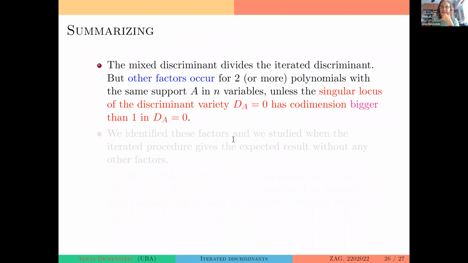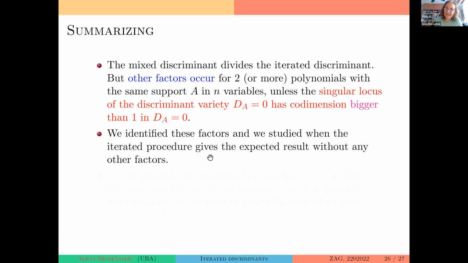So summarizing, the mixed discriminant divides the iterated discriminant, but other factors occur for 2 or more polynomials with the same support A in n variables, unless the singular locus of the discriminant variety has codimension bigger than 1 in the discriminant variety.